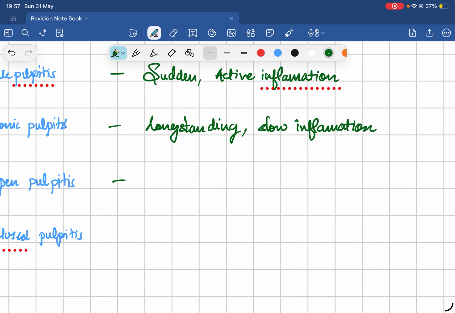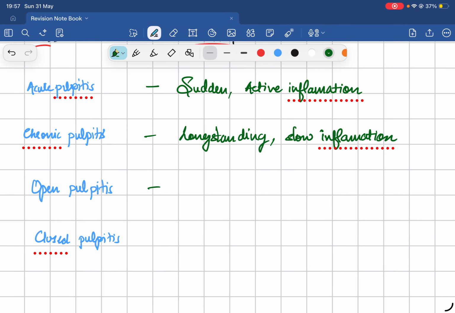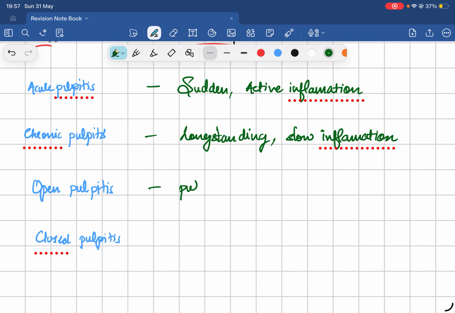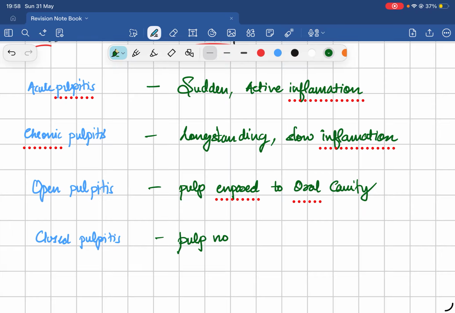And the third one is pulp exposed to oral cavity, that is open pulpitis. And fourth one is closed pulpitis, pulp not openly exposed.